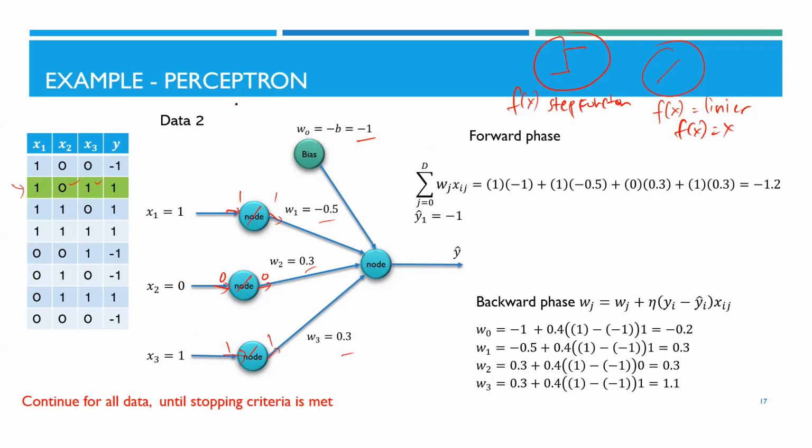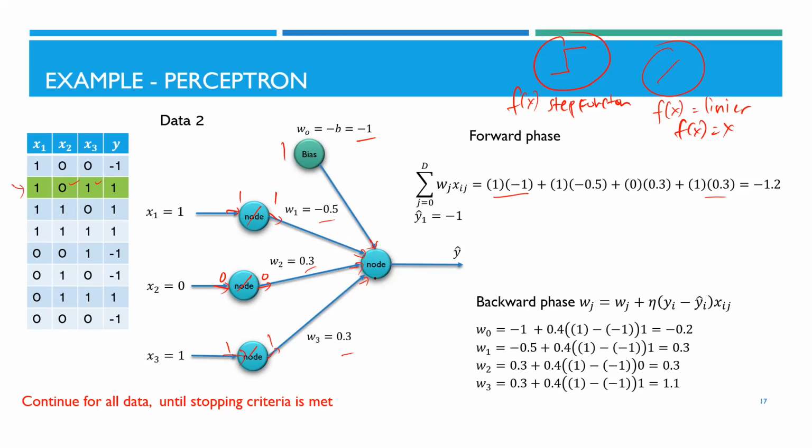So we calculate the total input in this output node. The bias is always 1, so 1 times minus 1. The second one, 1 times minus 0.5. Then 0 times 0.3, and 1 times 0.3. So the total input is minus 1.2.